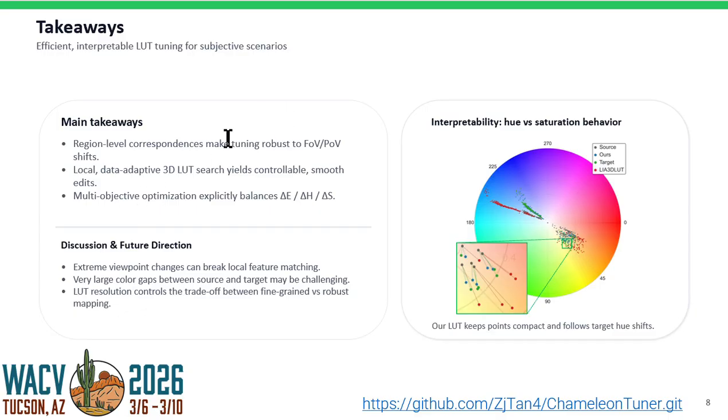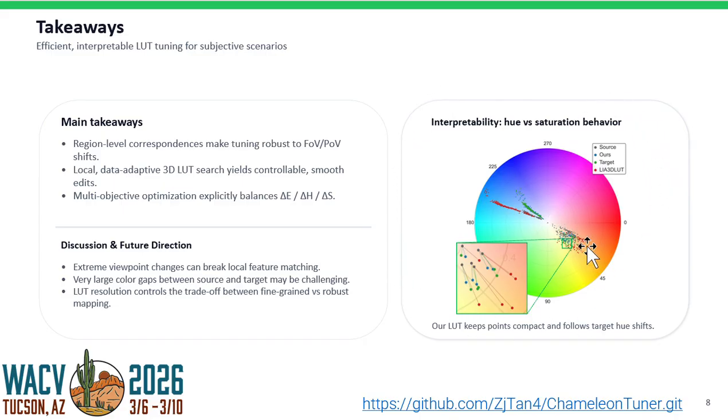And to conclude, our ChameleonTuner is an efficient and interpretable LUT tuning framework for subjective scenarios. And here are some main takeaways, and also some possible future directions in this work. And also from this color view, you can see how our method is more interpretable.